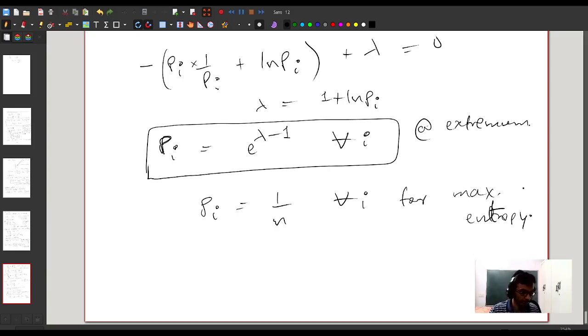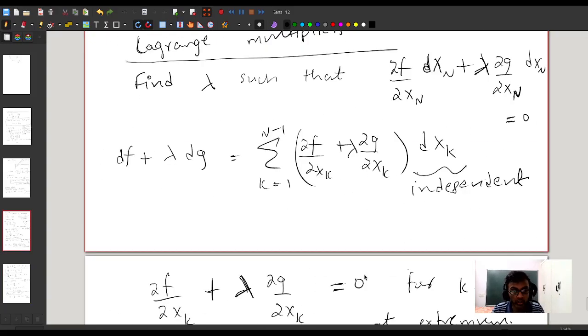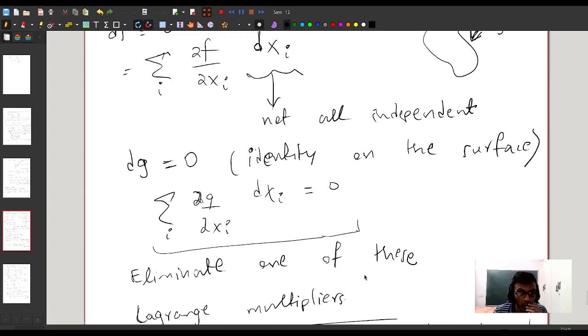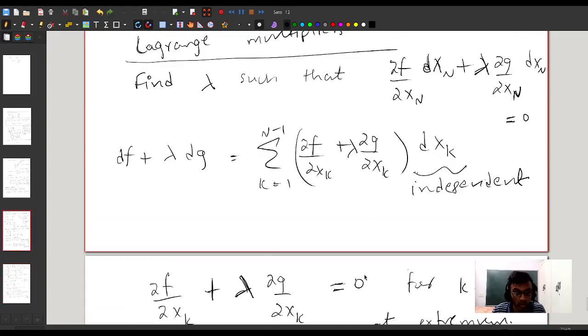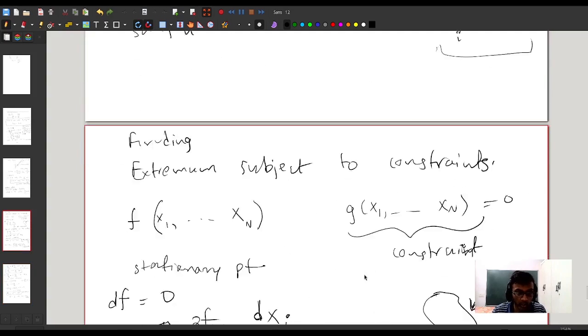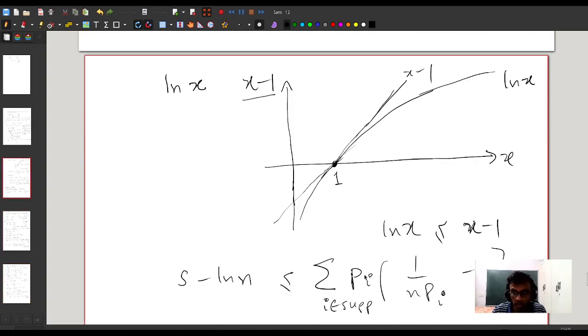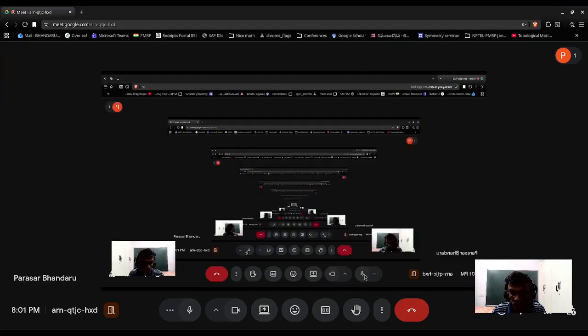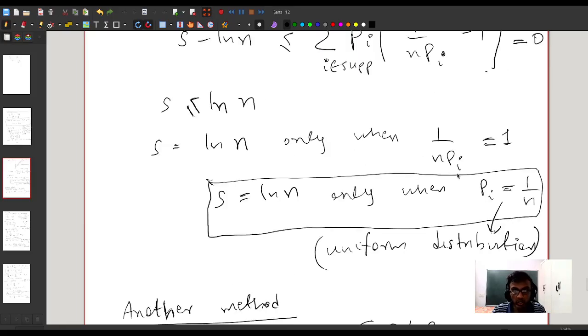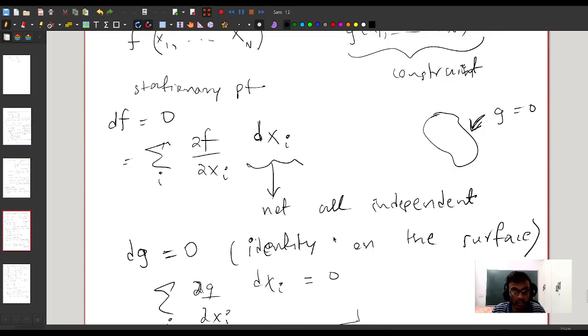Of course we again find the same conclusion, but it's useful to use this method as well. Let's stop for today since it is already 8 o'clock.